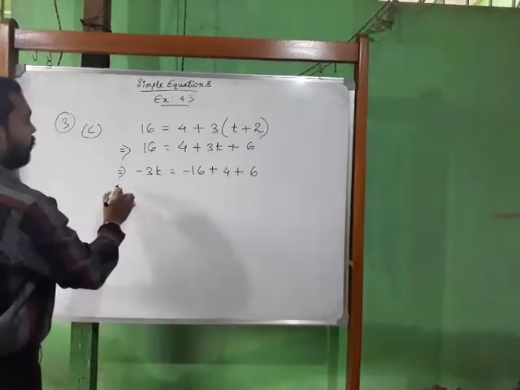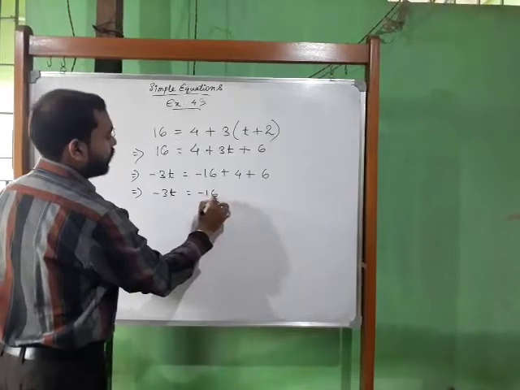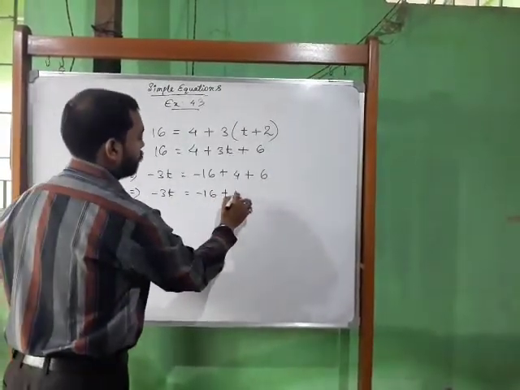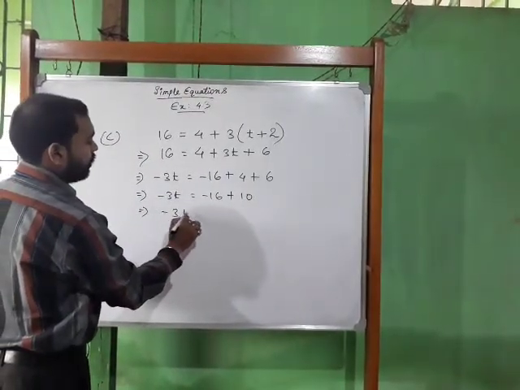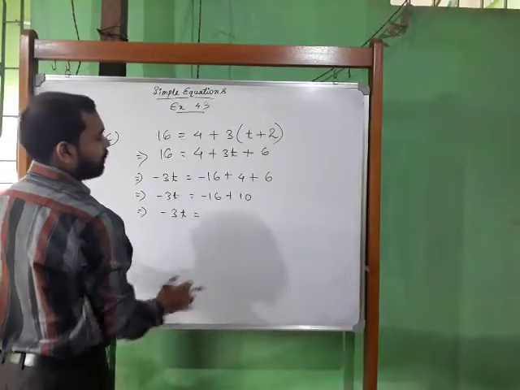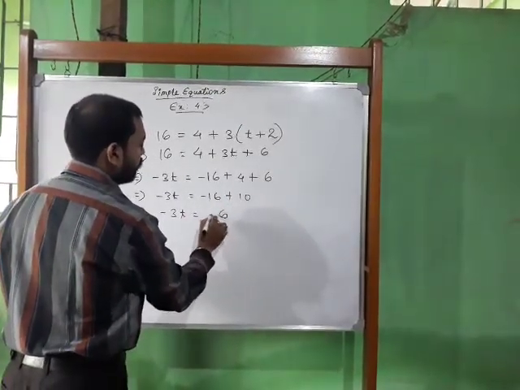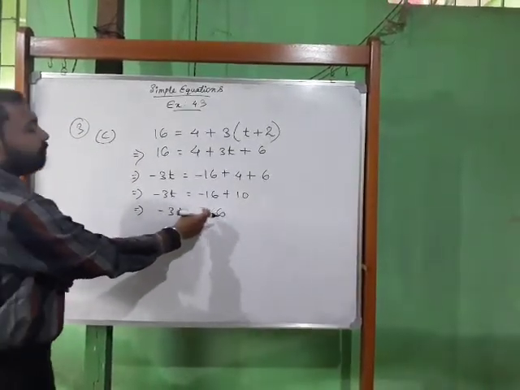Okay, now minus 3t equal to minus 16. So 6 plus 4, it is 10, which implies minus 3t equal to, minus plus, it is minus, so 16 minus 10, it is 6, and it will be minus 6. Okay, so minus 3t equal to minus 6.